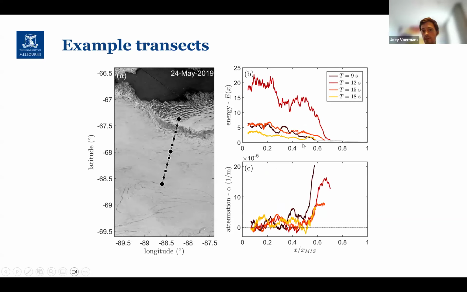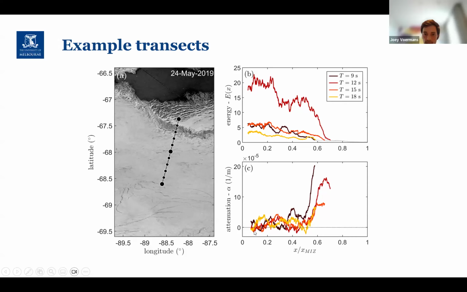What we see in the top right is that in this case, the wave field or the spectrum is dominated by a peak frequency around 12 seconds. That's quite a lot of energy compared to the other frequencies. But if you go to the bottom plot, what we see is that the attenuation rate is quite messy, right? There's not much sorting going on with wave frequency.